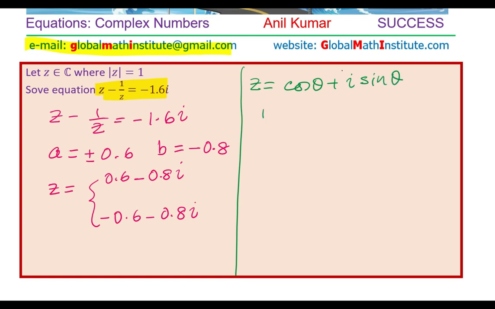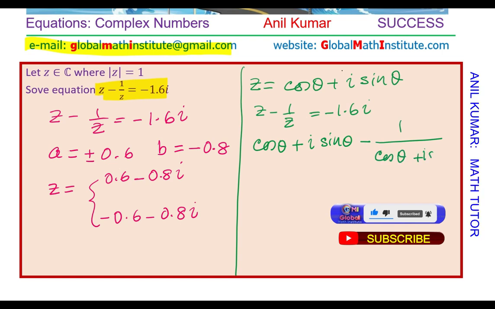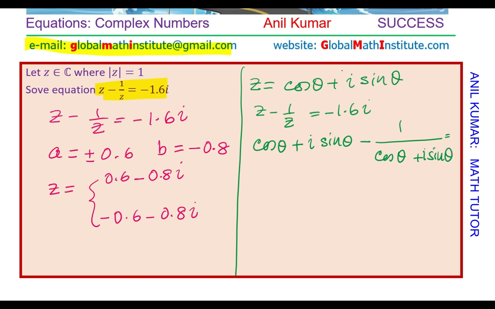So the question, z minus 1 over z equals minus 1.6i, can now be written as cos theta plus i sin theta minus 1 over cos theta plus i sin theta equals minus 1.6i. Makes sense? Great.